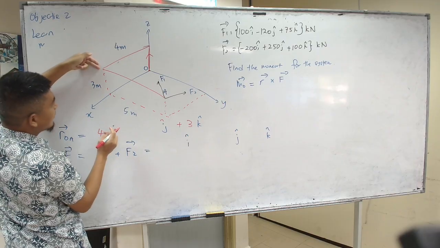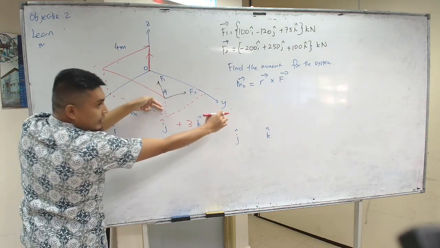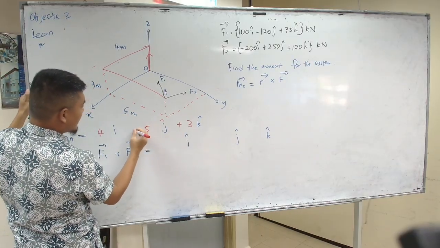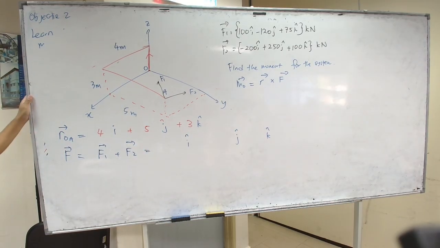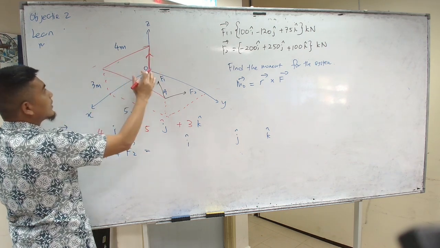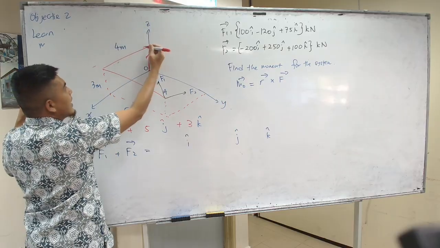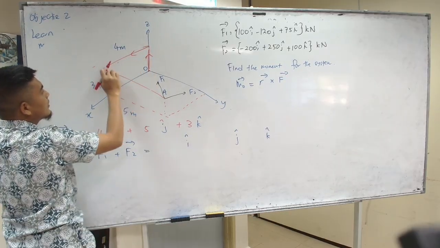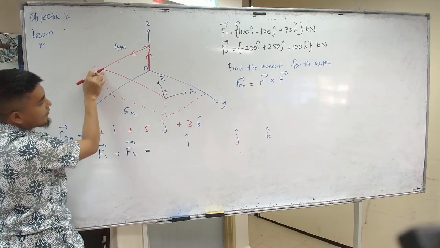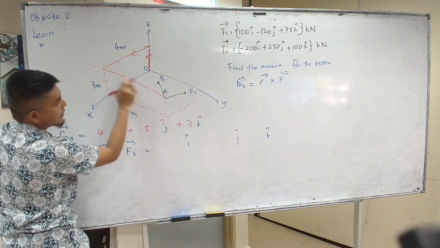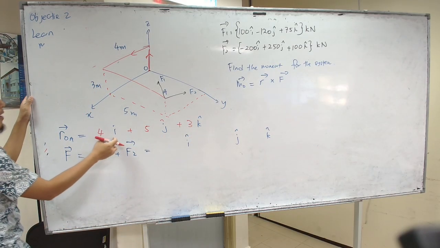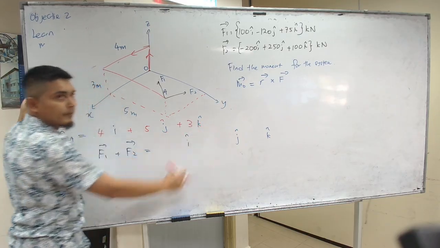Positive. And travel in the Y direction, 5, right? 5 positive. That's how you get the position vector. Firstly, it travels up about 3 meters in the Z direction, and then about 4 meters in the X direction, and then about 5 meters in the Y direction. So that's why the position vector you got is 4i plus 5j plus 3k.